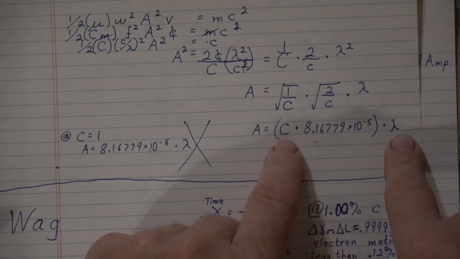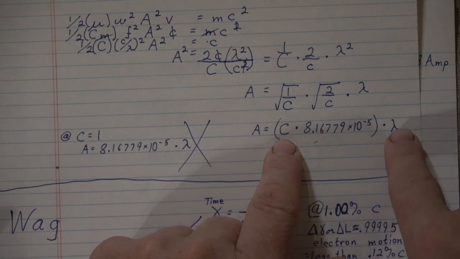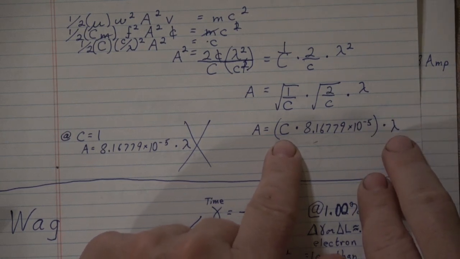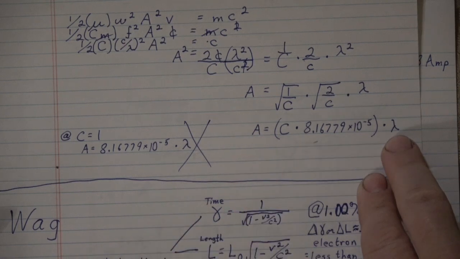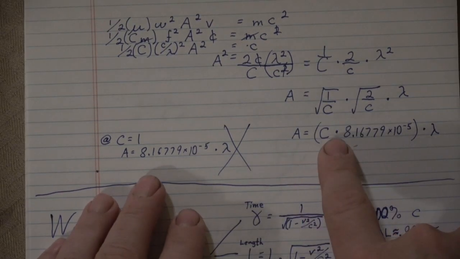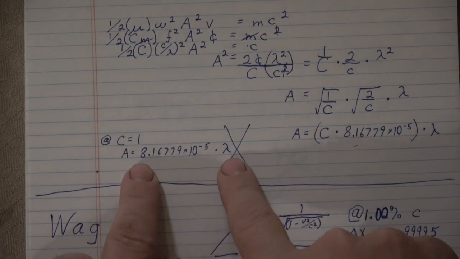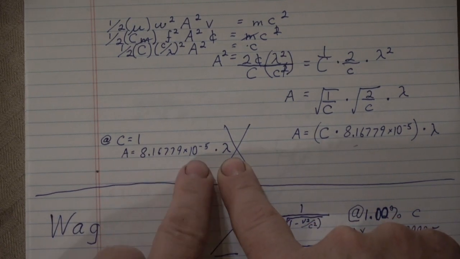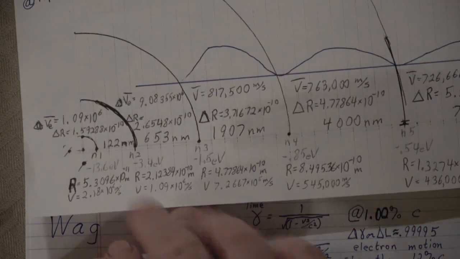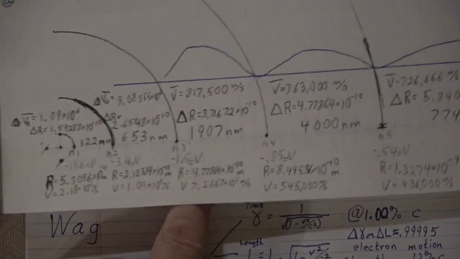So I got to find out what that constant is. The wavelength, you can just put in whatever wavelength of light you're looking at, and it would give you the amplitude per wavelength. If I allowed c to equal 1, I get this, 10 to the minus 5, and when I put it back into this, I get numbers that don't look good.